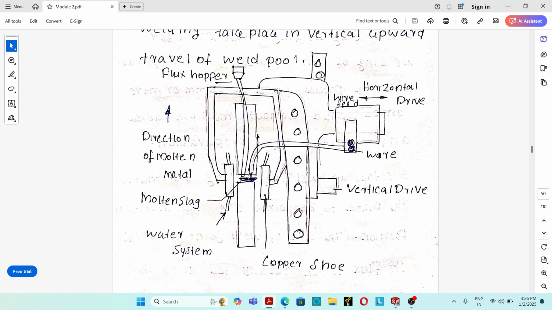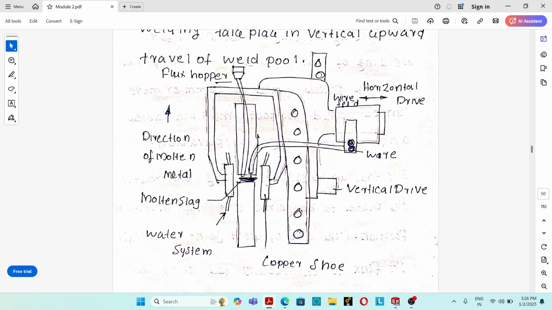The heat is produced by the resistance offered by the molten slag to the flow of electric current. The molten slag melts the edges of the workpiece and welding takes place. See, the temperature of the molten slag is the main source of heat in the electroslag welding process. That's the main principle of the electroslag welding process.